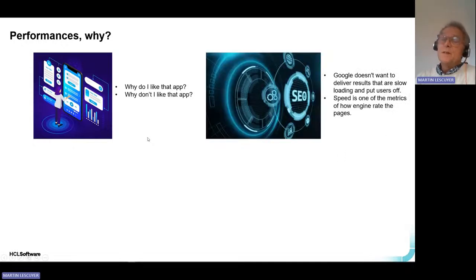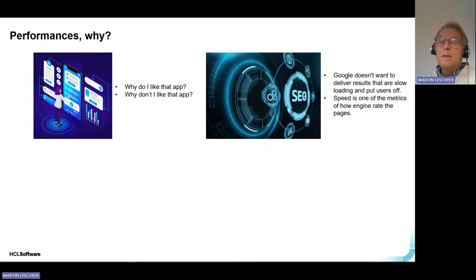So that's obvious, that's in front of the scenes, but behind the scenes, if you are producing a web application on the internet, you sooner or later will have to take care of search engine optimization algorithms, because indeed you want to be well ranked by Google, for example, so that your application can be visible.